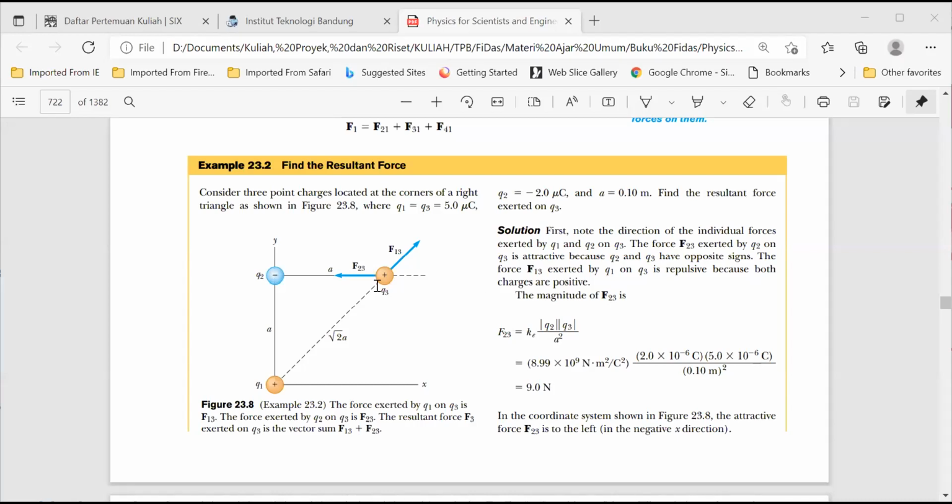F23. These books have different conventions.